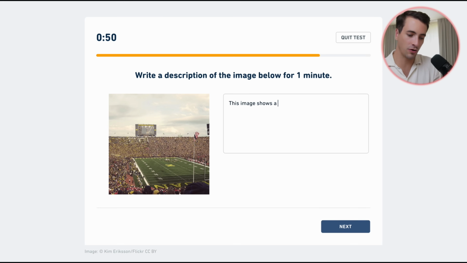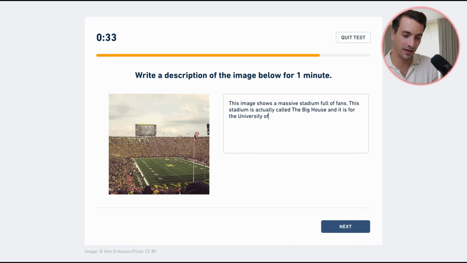This image shows a massive stadium full of fans. This stadium is actually called the Big House, and it is for the University of Michigan.